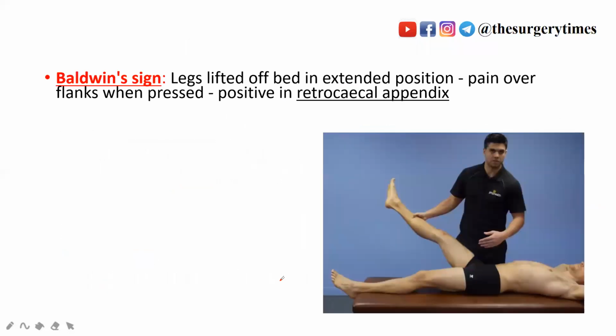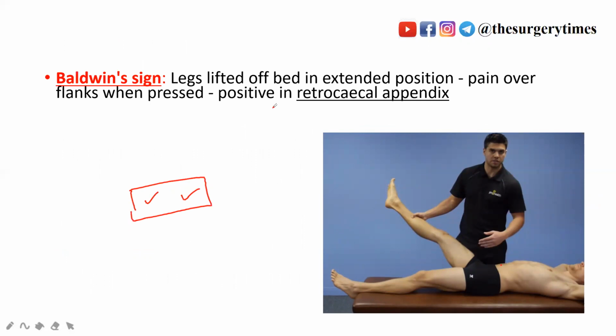Next is Baldwin sign. All the signs I have discussed over here are more or less similar to each other, and there may or may not be any cause behind them, because one scientist observed that by lifting the leg, the pain appeared over there, and according to him, that is the sign. So next is Baldwin sign.